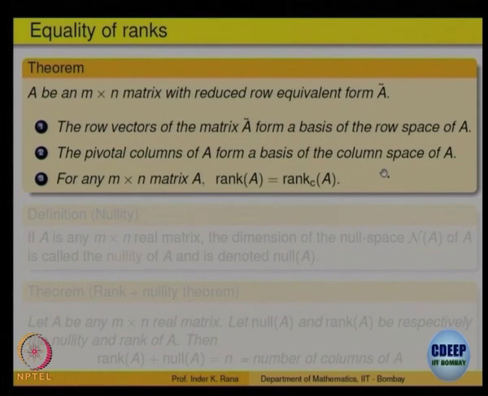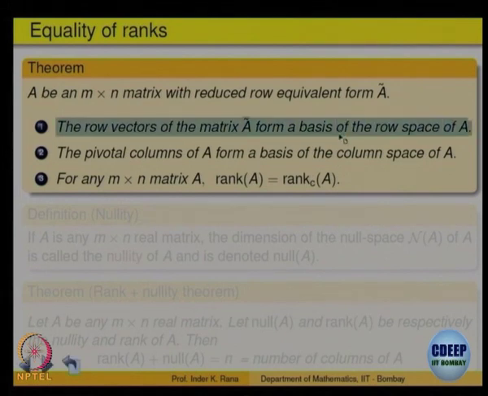So, I am trying to tell you how to get a basis of the row space, how to get a basis of the column space. How do you get the basis of the row space? Take the matrix, bring it to row echelon form. The non-zero rows will give you a basis for the row space, right.